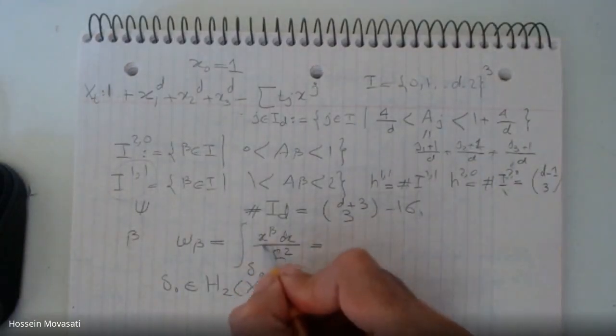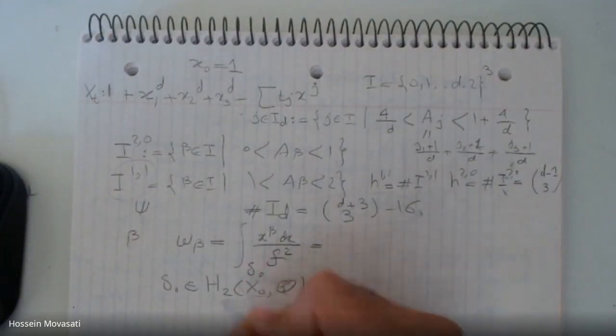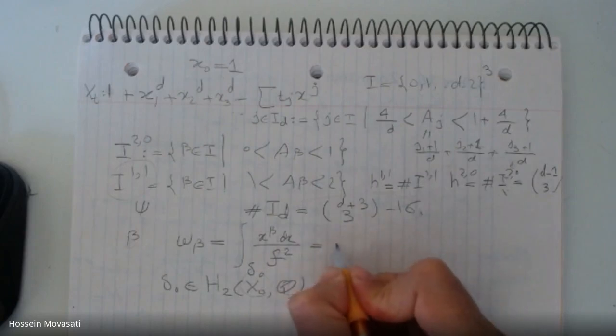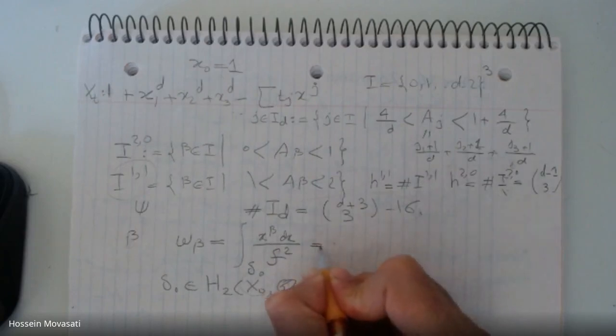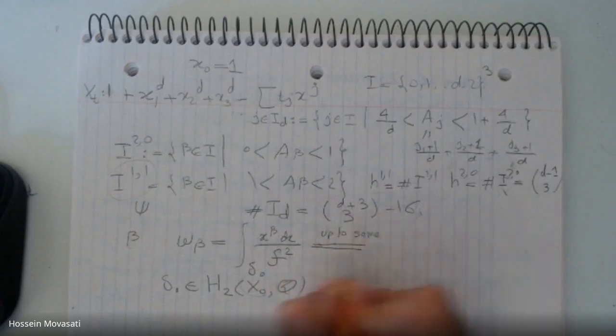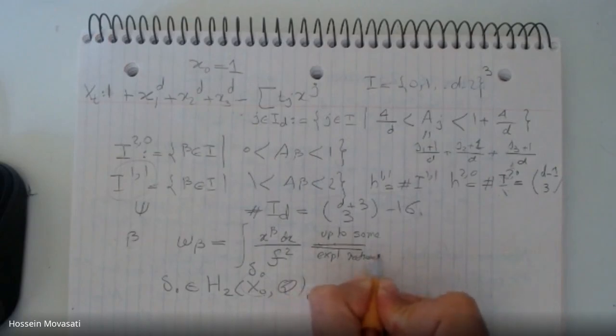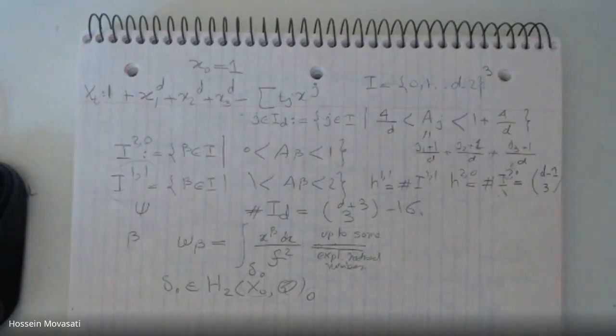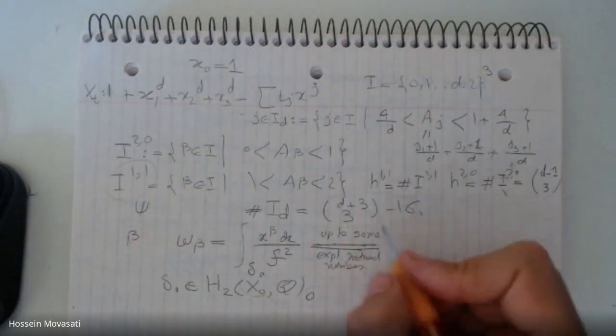So in the case of Fermat, we were able to reduce this pole order, up to some explicit rational number, which will also be important in our discussion, but for now I don't write it.